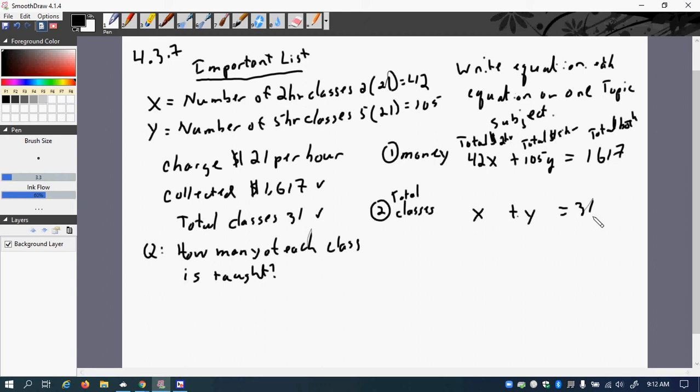To solve the system, I want to eliminate the x's because the number is smaller. So I'll multiply this by negative 42, because then they'll be the same number but opposite. So I get negative 42x minus 42y equal to 31 times 42.